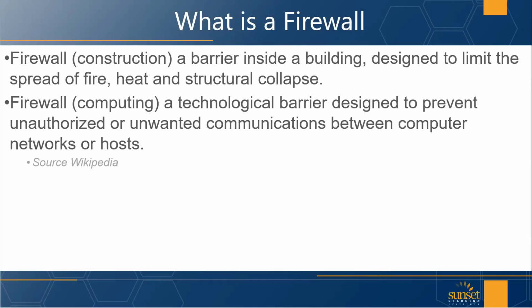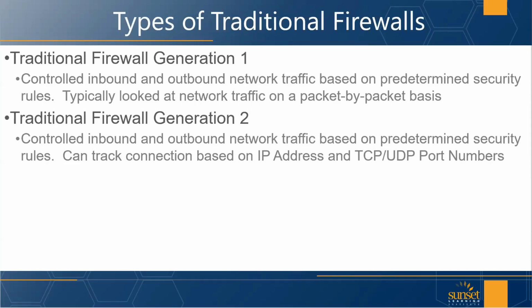So really what we're talking about is a barrier. And what has happened over the course of the years is how much intelligence is being built into this barrier. That's what we're going to talk about here first. So traditional firewalls.